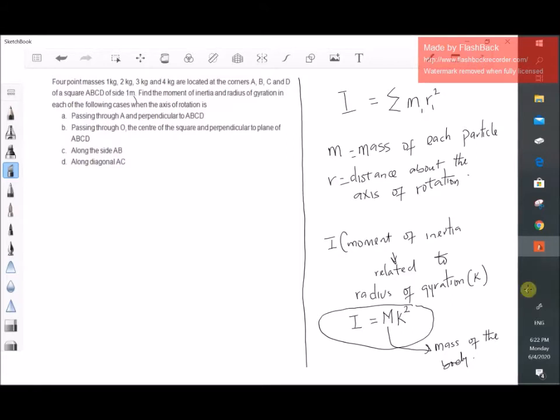So this is a square, with corners A, B, C, and D, and each side is 1 meter, as you can see.